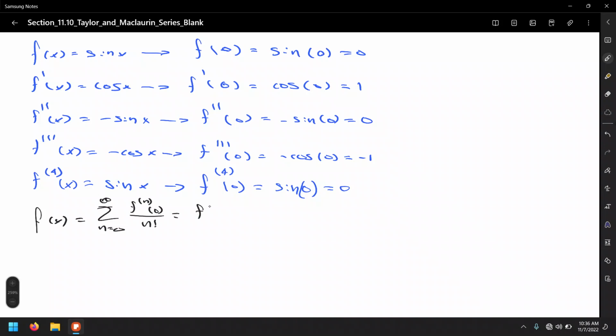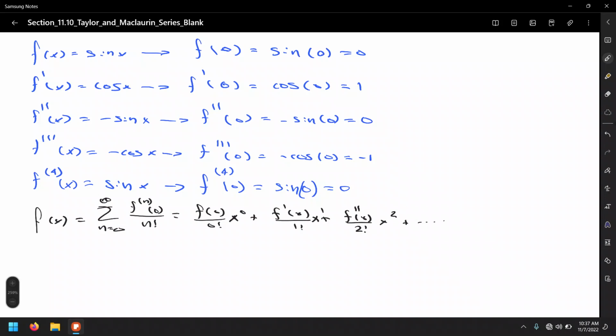And again, that's f of 0 over 0 factorial, x to the 0, plus f prime of 0 over 1 factorial, x to the first, plus f double prime at 0 over 2 factorial, x squared. Well, you see the pattern here, right? That goes on forever. The order of the derivative keeps increasing, the factorial in the denominator also keeps increasing, and so the powers of x keep increasing in this case.